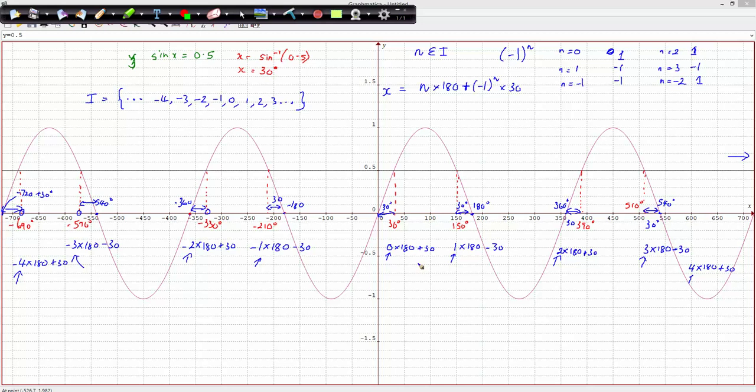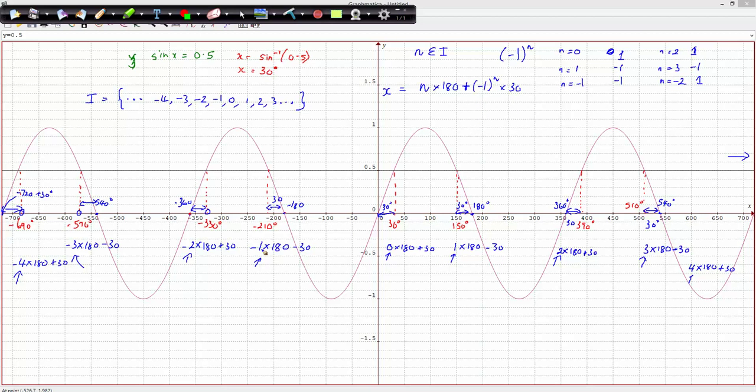That's what we're getting here. And if you make n equal to 1, let's get the solution here. You get 1 times 180, that's this here. That would become -1 to the power of 1. So what is that? Well, that's -1. So you end up with -30, which is this solution.